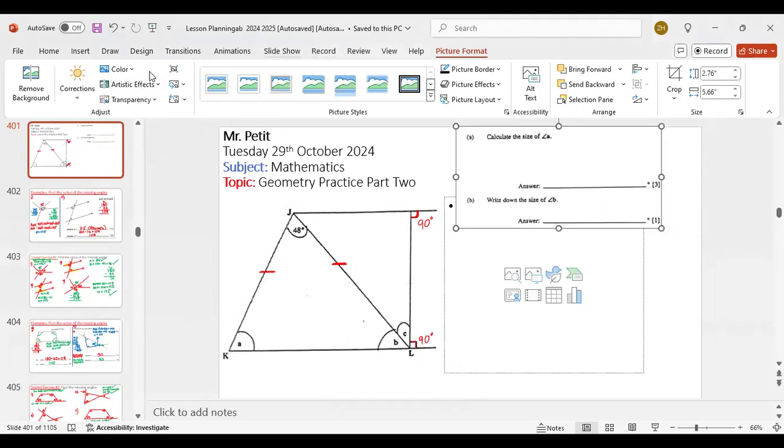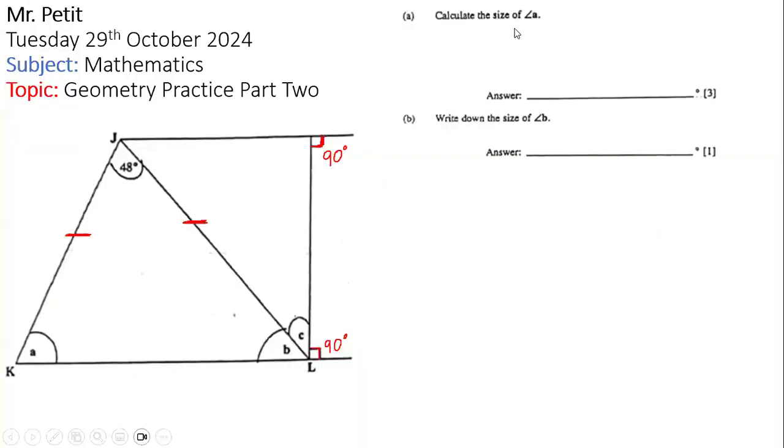They want us to calculate the size of angle A, and then in turn write down the size of angle B. I'm going to open up the chat and give you all the opportunity to answer this. What is the size of angle A? What is the size of angle B?